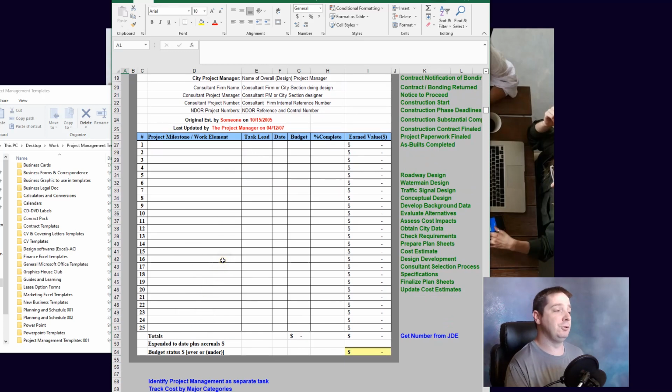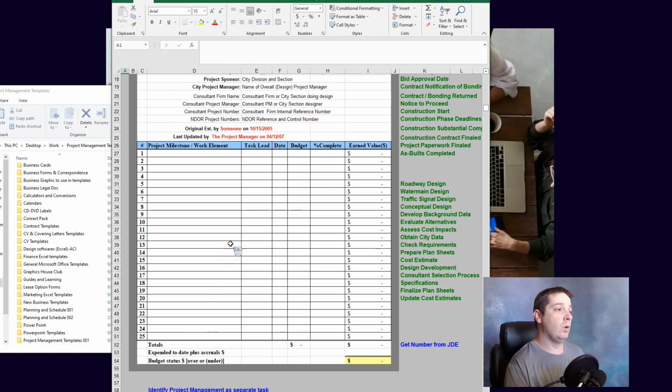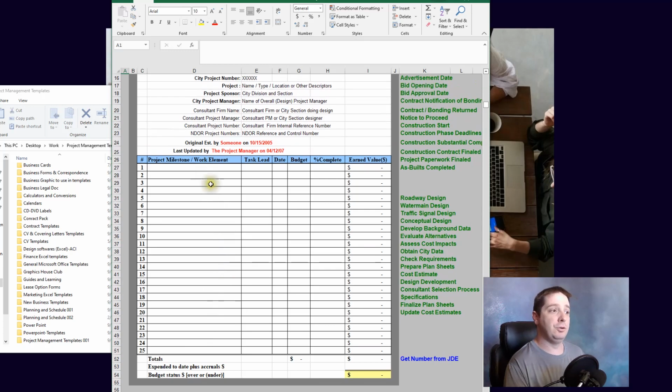This allows you to manage what milestones need to get done, who's leading that task, what date it needs to be completed, your budget and percent completion. So this allows you to break out all of those resources to the different task leads and to be able to estimate the cost of the value and the percent completion.